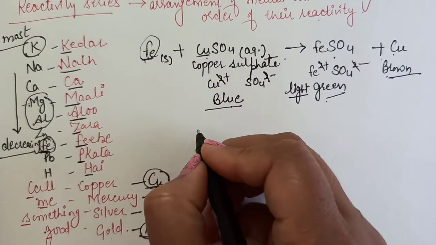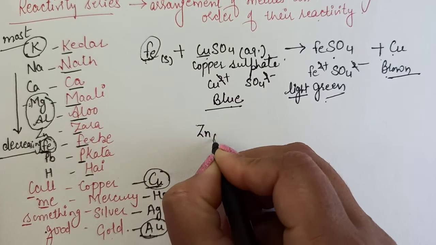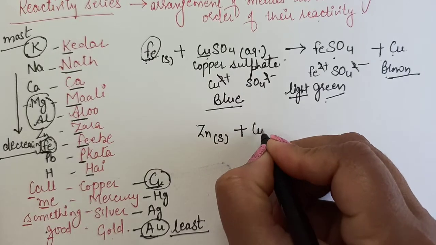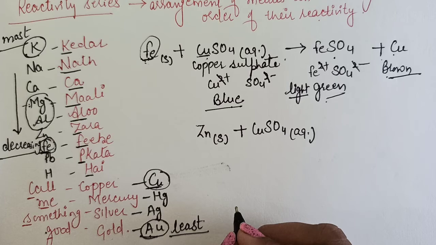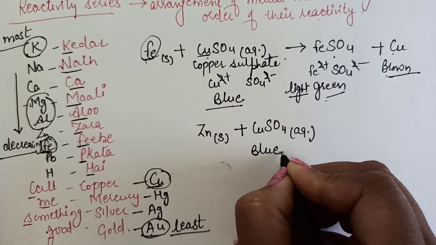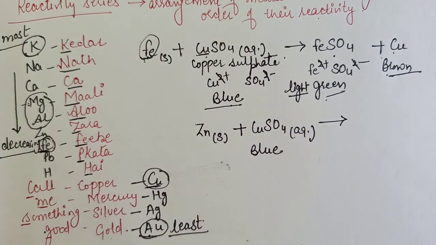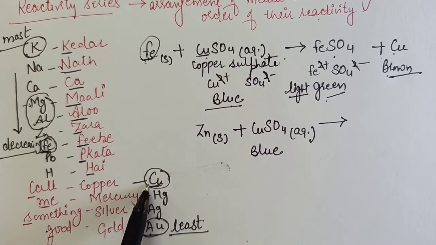Now we will do the second example: what happens when we put zinc metal in copper sulfate solution. It is aqueous, and again its color is blue. What will happen? Check from the reactivity series the reactivity of zinc and copper.